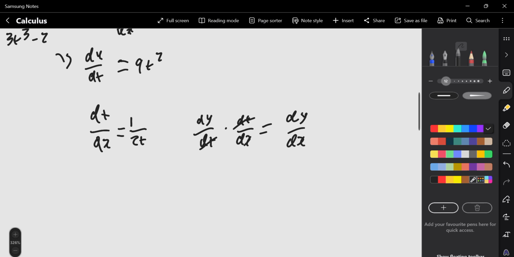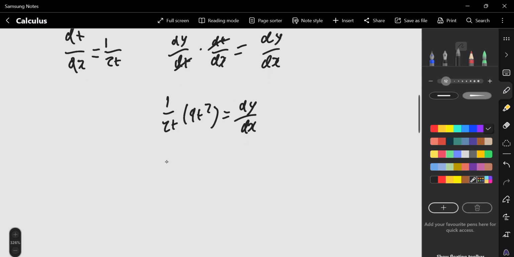So we have dt by dx, it's 1 over 2t, timesing that by 9t squared, and that is going to be dy by dx. So let's write it in a fractional form: 9t squared all over 2t, and that's going to be dy by dx. And that is parametric differentiation. You can simplify that, obviously, to just 9t over 2, like so.